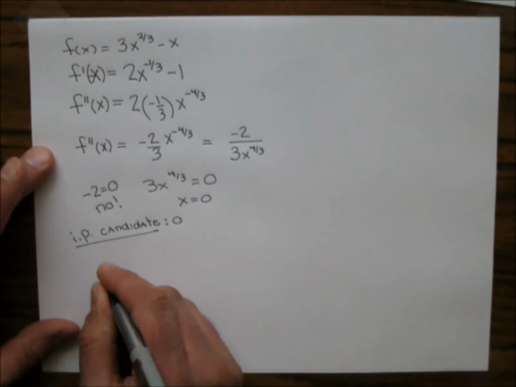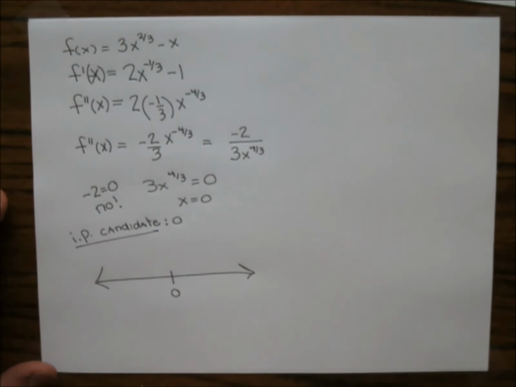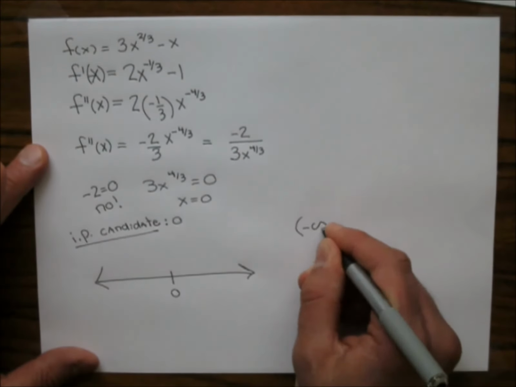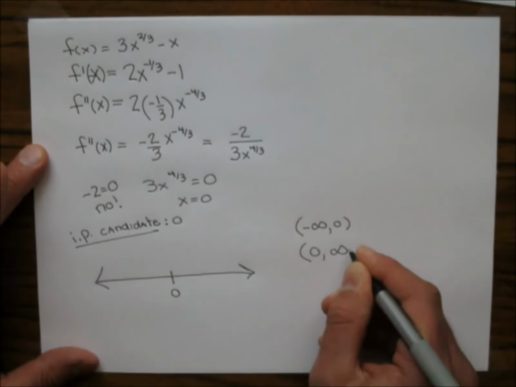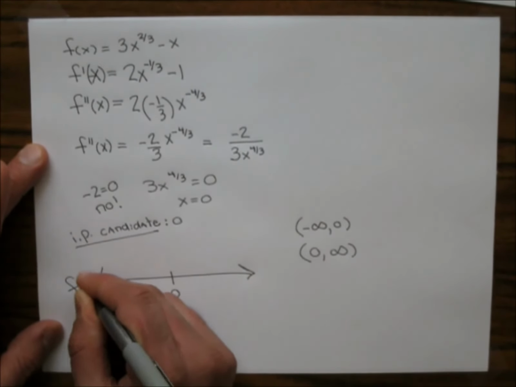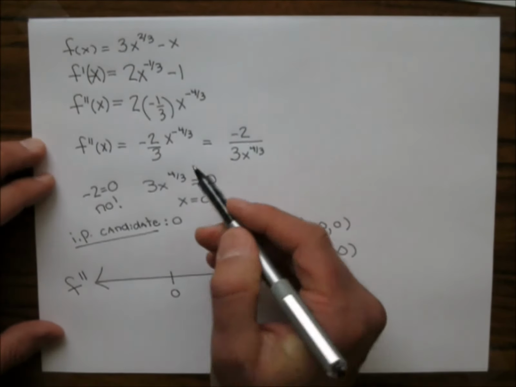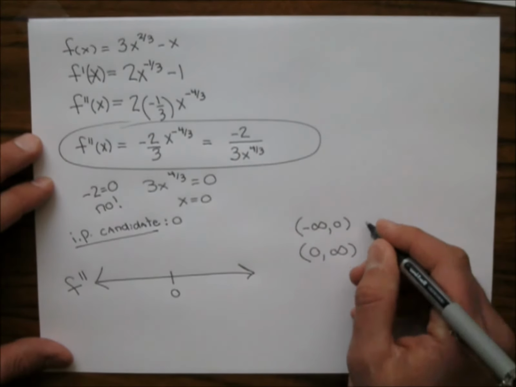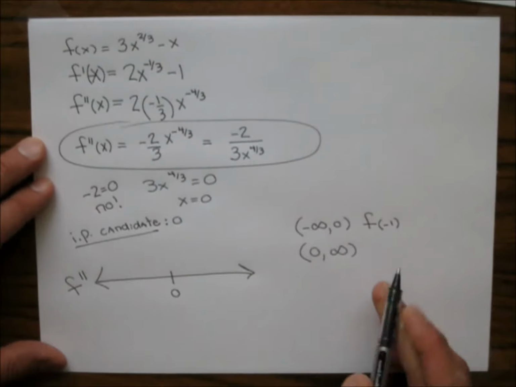I'm going to put that guy on a number line, and I'm going to check 2 regions: from negative infinity to 0, and from 0 to positive infinity. I'm going to be putting test points into the second derivative. Maybe I'll go with negative 1 on this one.